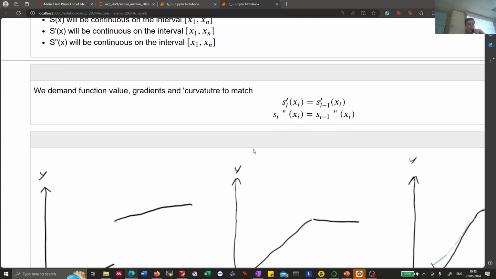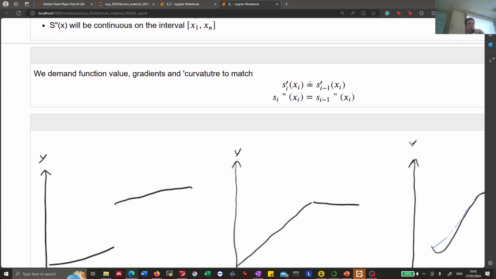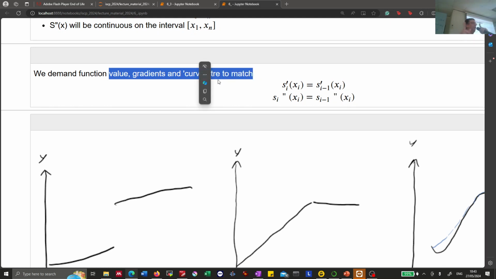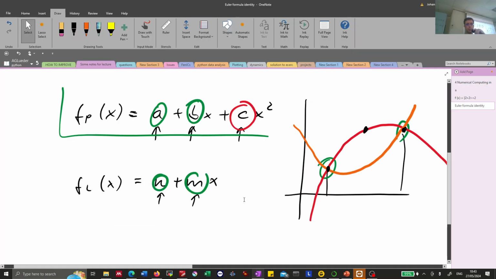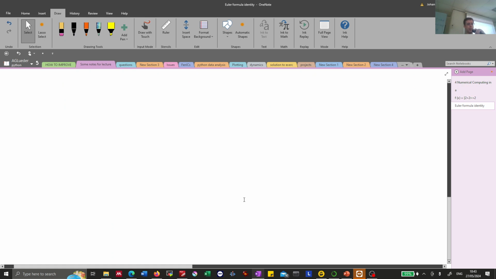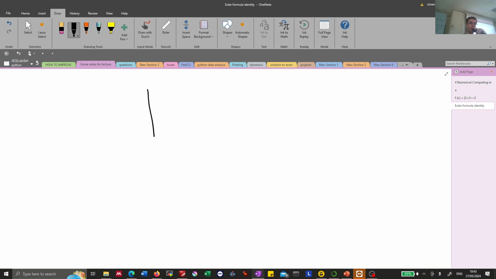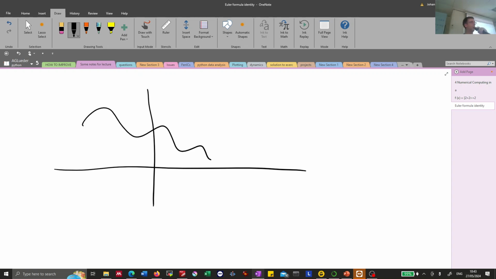Now, it's very important what we do next, because we can demand that the value, gradients, and curvature at different intervals match. I'll give you an example. Actually, the examples are given below. But let's say here, I have one function, very nice.